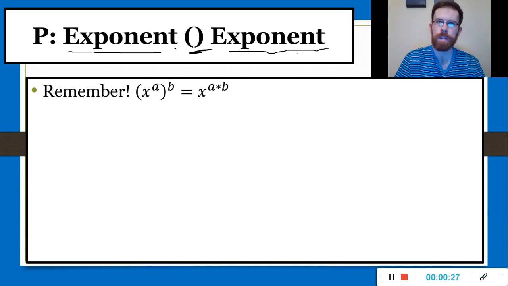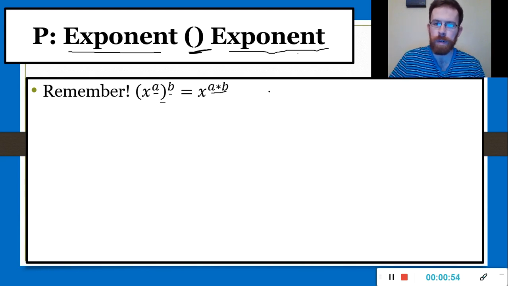So our first of two things we're going to tackle today is understanding what we do if we have an exponent parentheses exponent, or a power raised to a power. Exponent raised to an exponent. Now that is going to have us doing multiplication. Let's get that into our heads right now. If I see exponent parentheses exponent, that means multiplication.